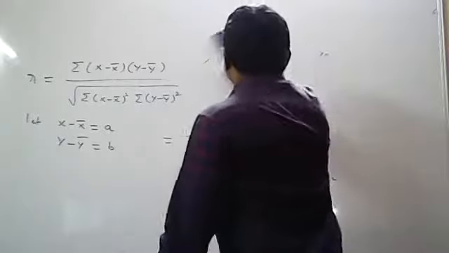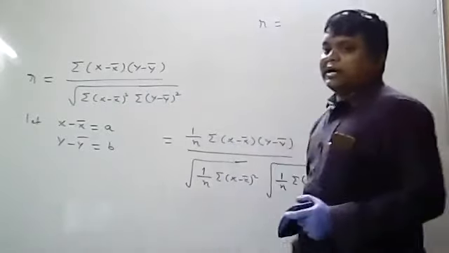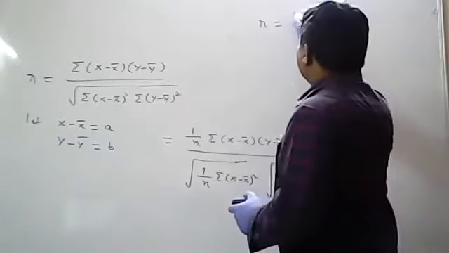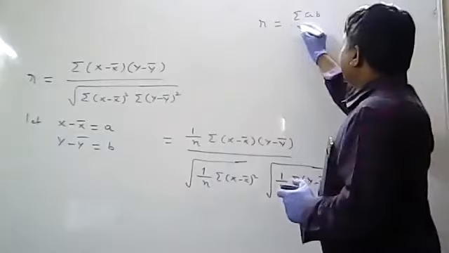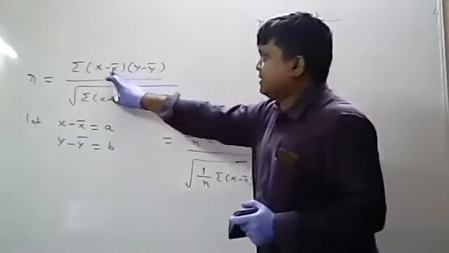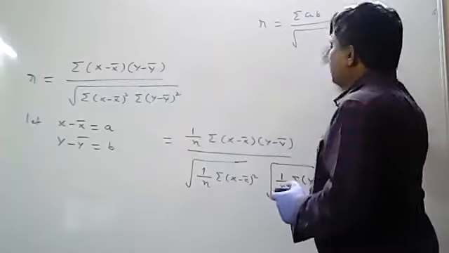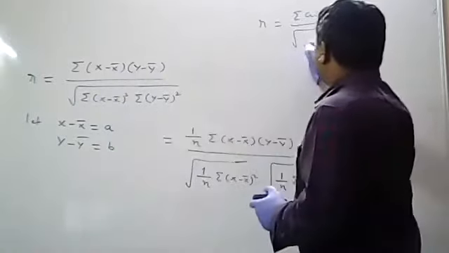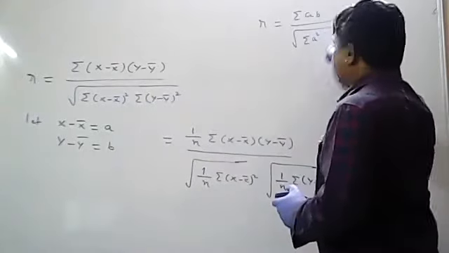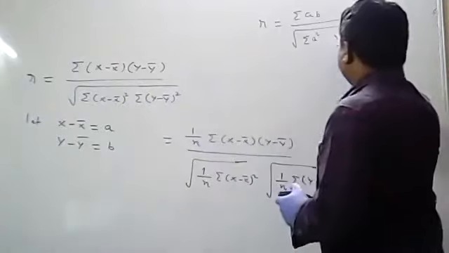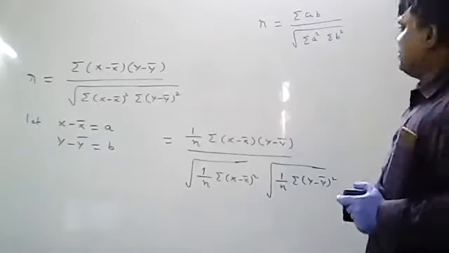Therefore r equal to summation ab by, because a is nothing but x minus x bar, b is nothing but y minus y bar, divided by root over summation a square, summation b square, because y minus y bar is nothing but b.